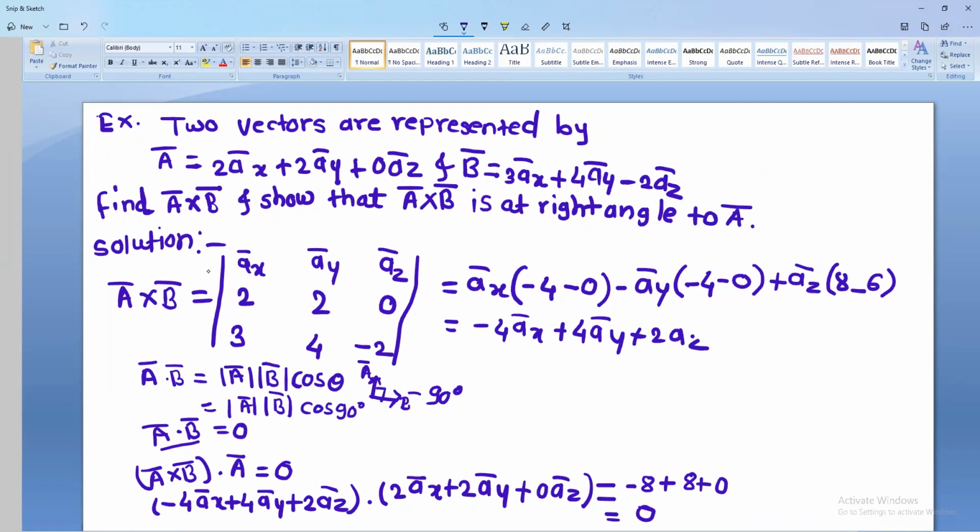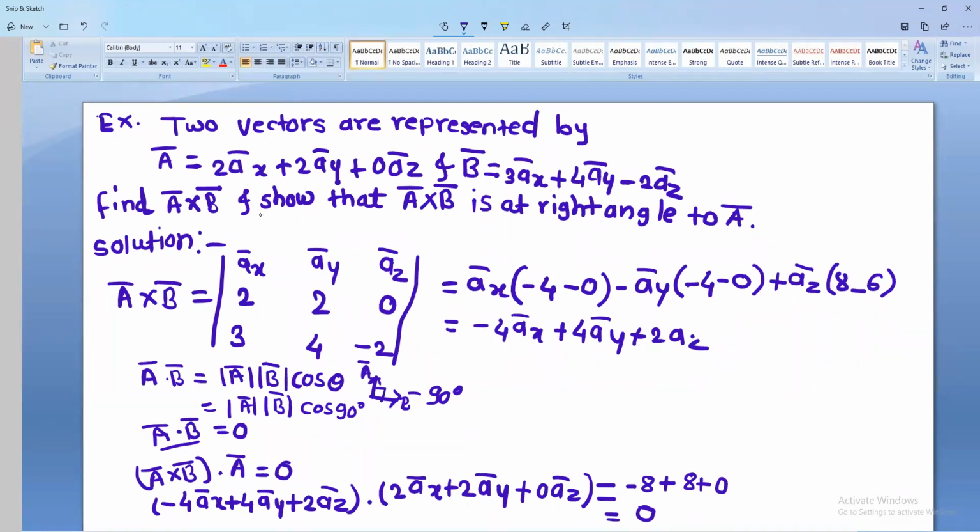So solve the determinant. A bar x into 2 into minus 2, that is minus 4 minus 0, then minus a bar y into minus 4 plus 0, and a bar z into bracket 8 minus 6. So it is minus 4 a bar x plus 4 a bar y plus 2 a bar z.